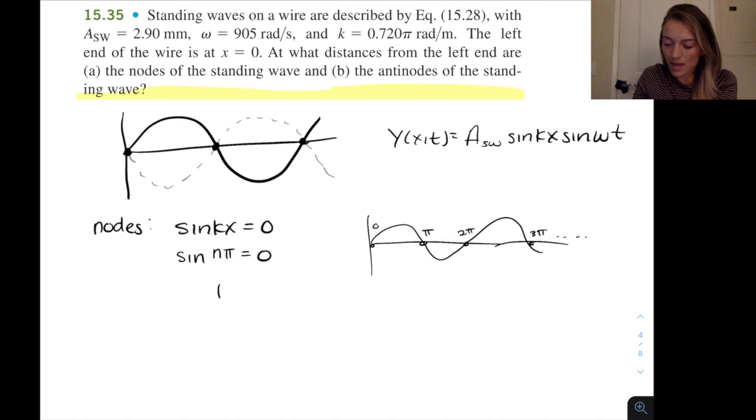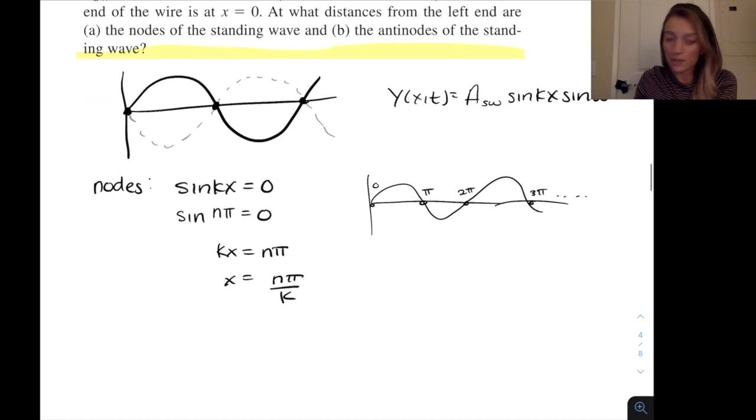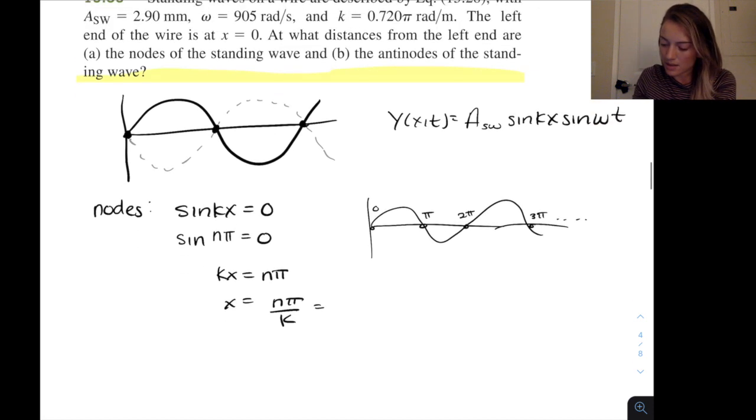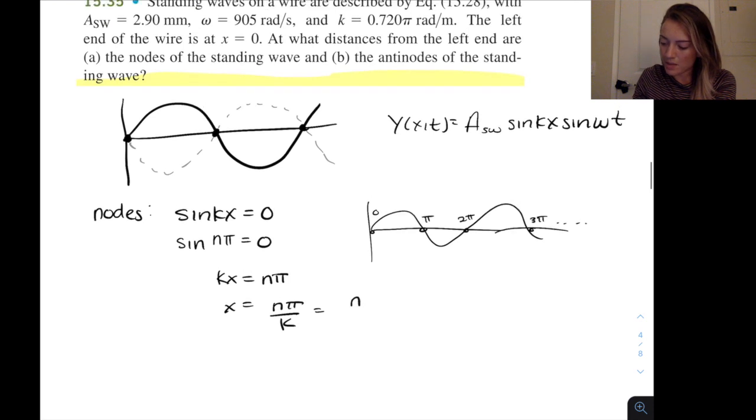So kx has to be equal to n pi, and then we'll just solve for x. We get x is equal to n pi over k. And then we just plug in pi and k. So n is just some integer, and k we were told is 0.720 pi radians.